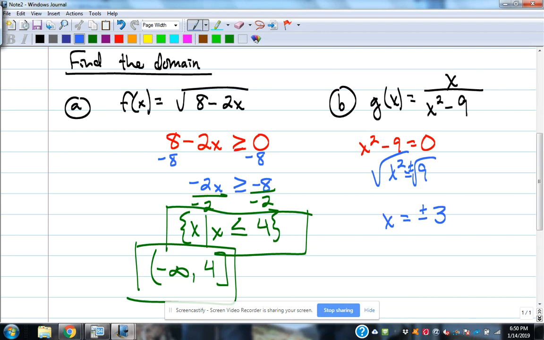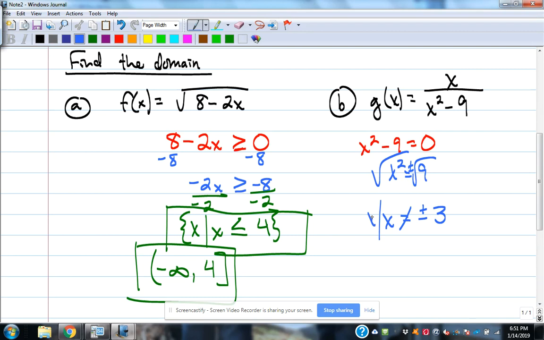So those two x values are excluded, because if I plug in positive 3, 3 squared is 9, 9 minus 9 is 0, and that's division by 0. Okay, we can't do that. If I plug in negative 3, squared is still 9, 9 minus 9 is 0. So these two x values are excluded.